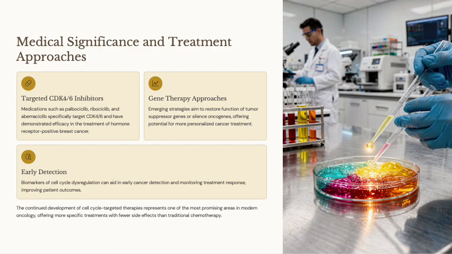Drugs such as palbociclib, ribociclib, and abemaciclib selectively inhibit CDK4 and CDK6, preventing progression from the G1 phase into the S phase. These drugs have been particularly effective in treating hormone receptor positive breast cancer.